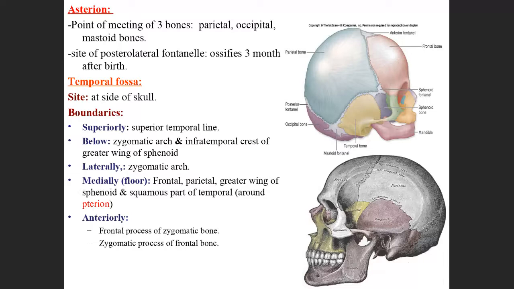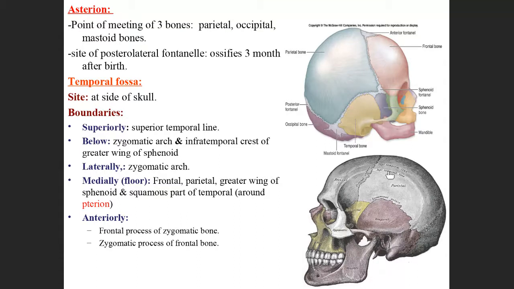Then, what is the temporal fossa? Fossa means a large space. The temporal fossa is a space present in or below the temporal bone, or it is a part of the side of the skull. This area. Okay. What are the boundaries here? The superior temporal line, see, from here.